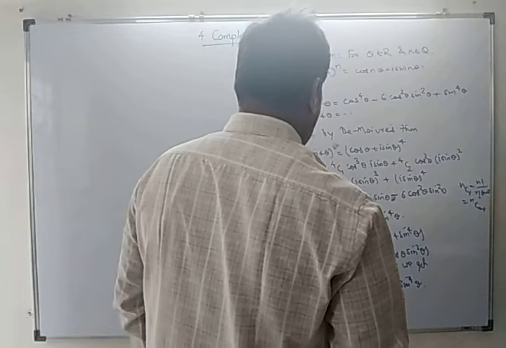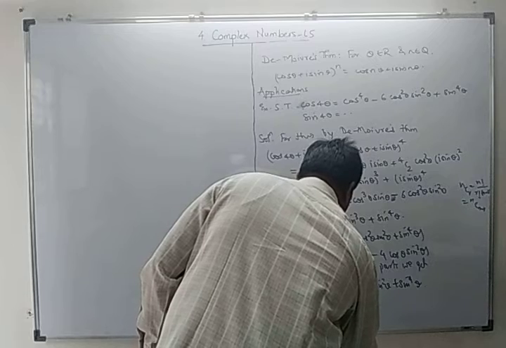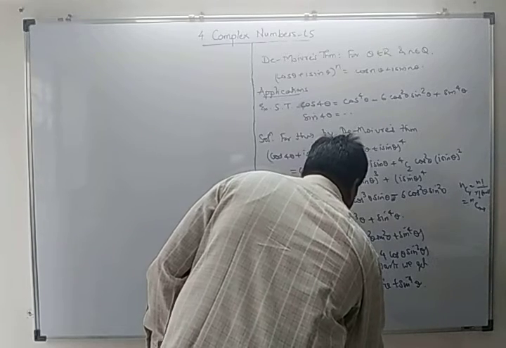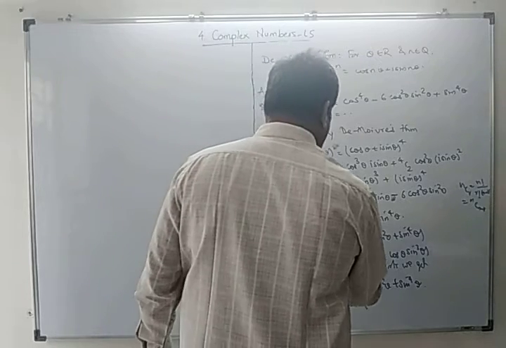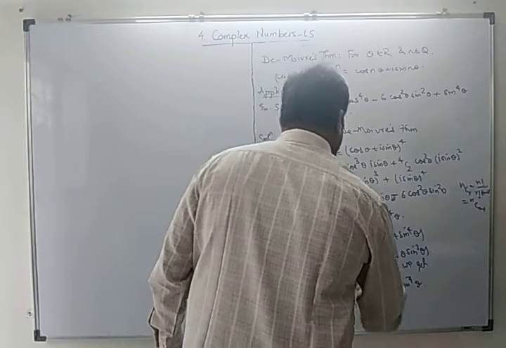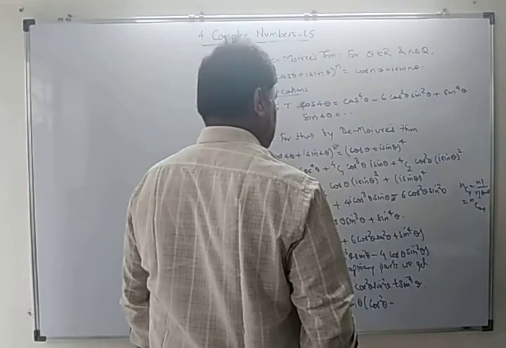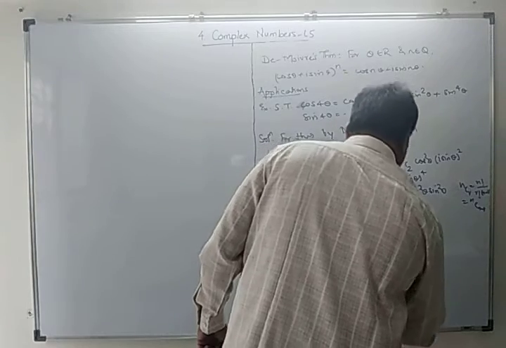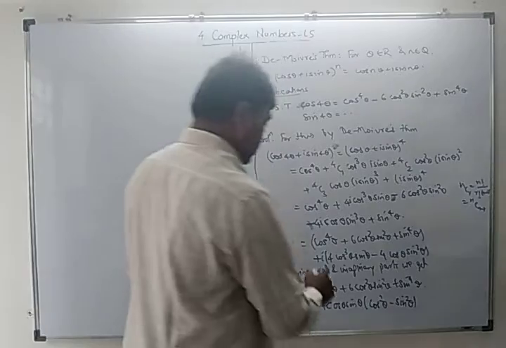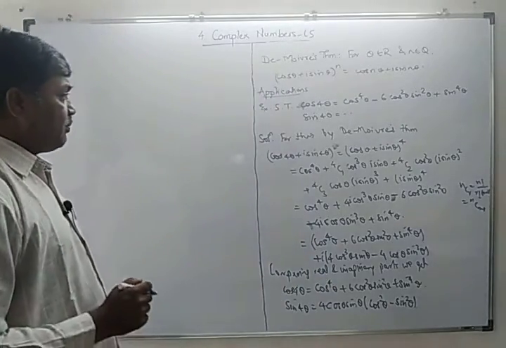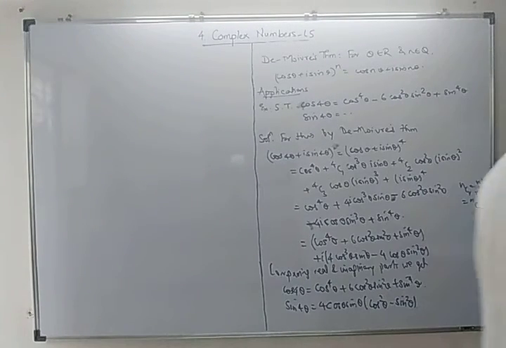In fact I can take 4 cos theta sin theta outside in a bracket. Here we will get cos square theta minus sin square theta. So we will get such an expression for sin 4 theta. Is it clear?